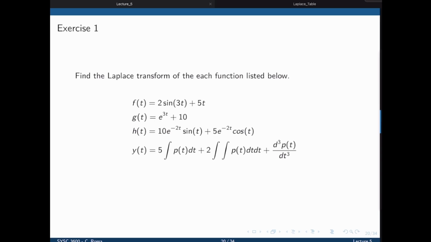So as I erase the light board, find the corresponding function in the table, identify all the variables there, and try to take the Laplace transform. So go ahead and take the table and try to find the corresponding transformation in the table.